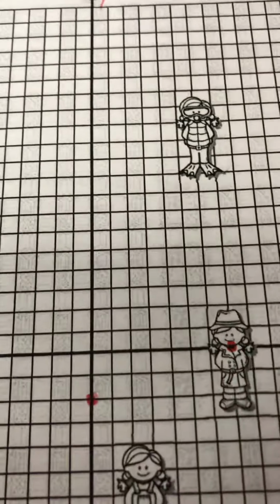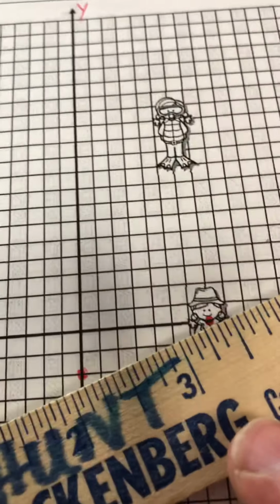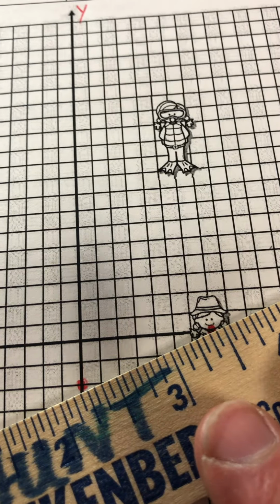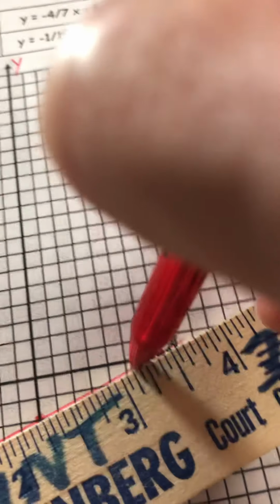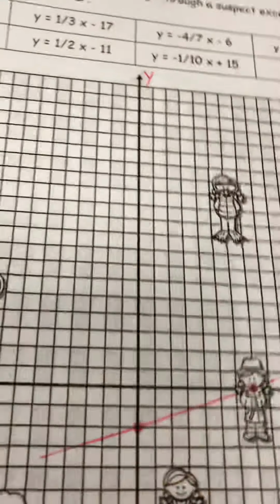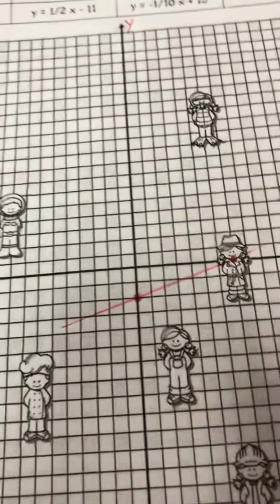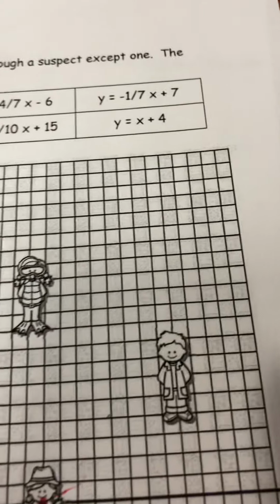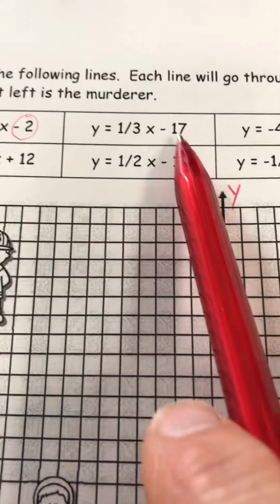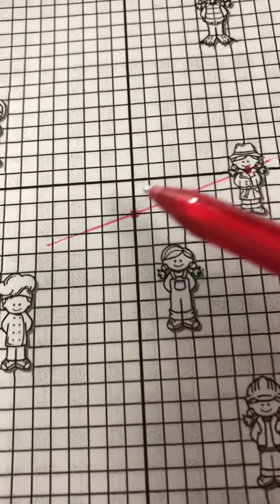And then you would connect those 2 points. You might want to extend it, whatever. So that's the first one graphed. Okay, do the same thing for all of these. You know, this next one, -17, you're going to have to count from here.